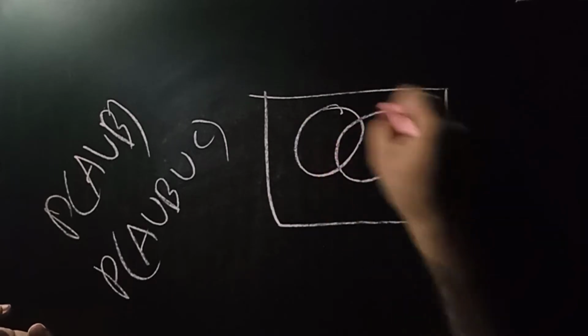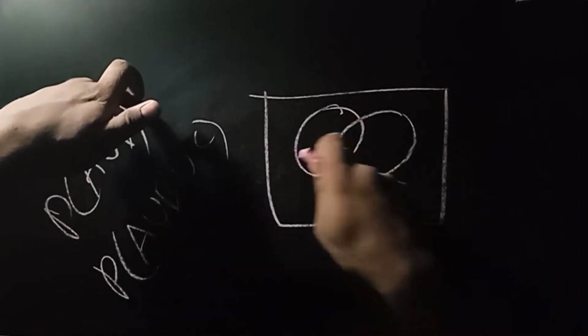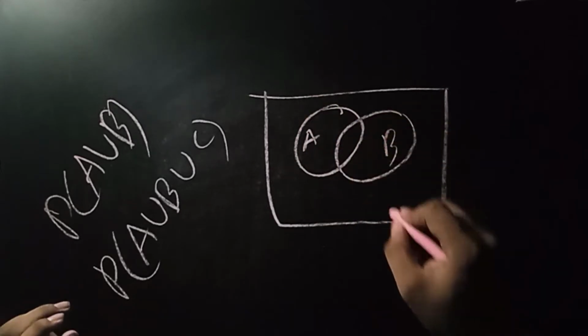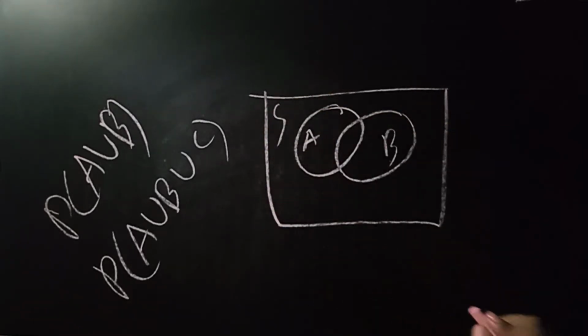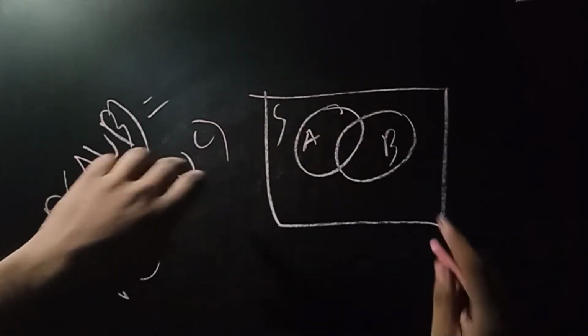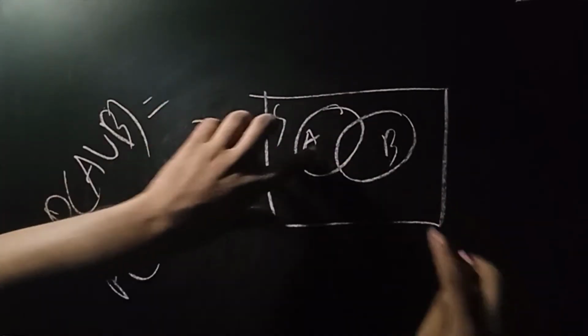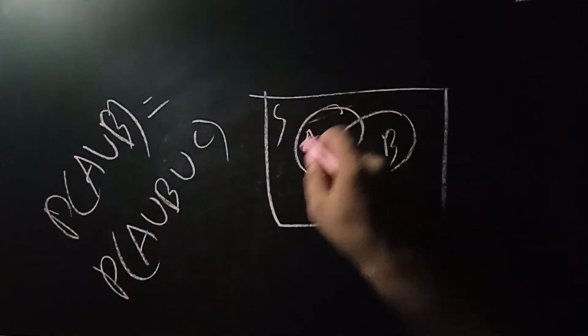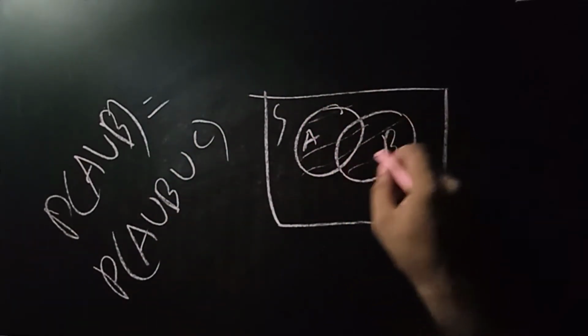For all the unions, just imagine a Venn diagram. In the first case, when it is A union B, this is A, this is B, and this is the sample space. We need the probability of A union B, meaning the whole shaded region inside this.